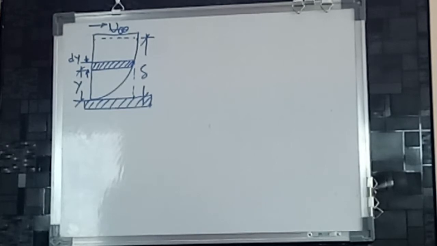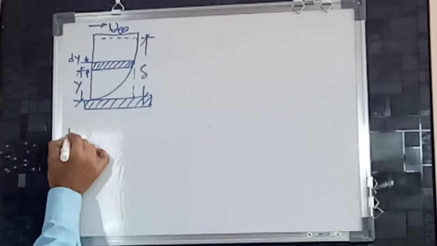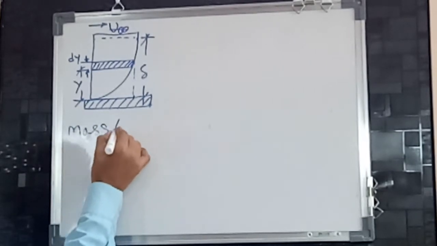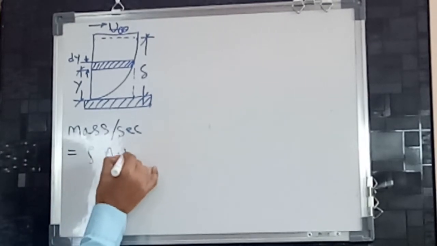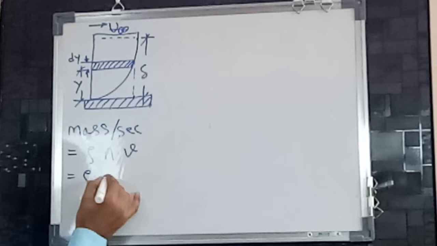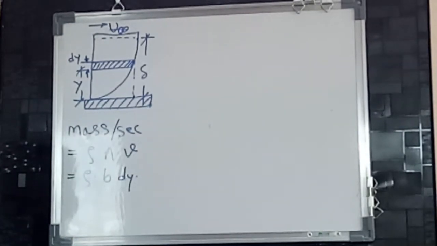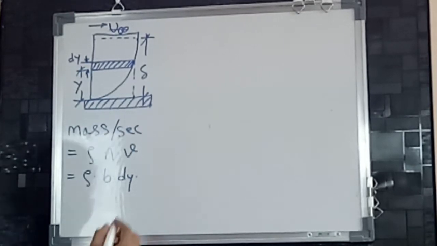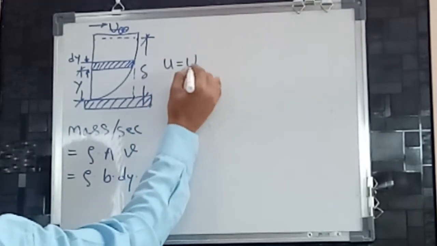Here we'll calculate the mass per second through the strip. Already we discussed, mass per second equals rho A into V. So here rho b dy into u, where u represents capital U.